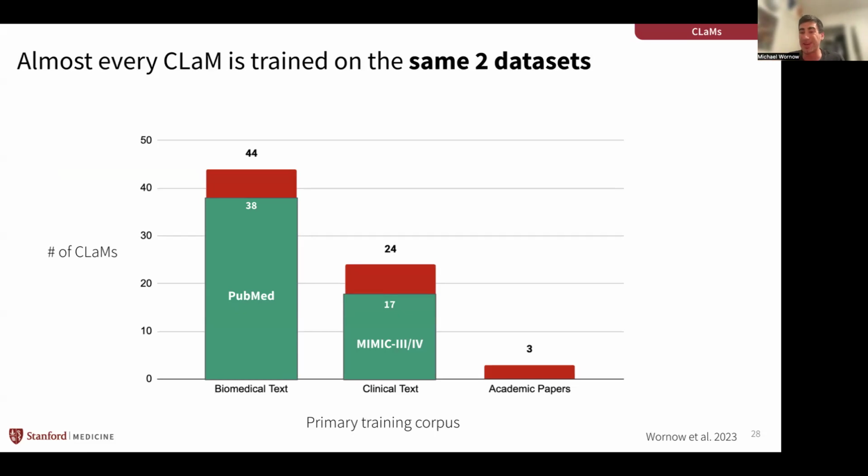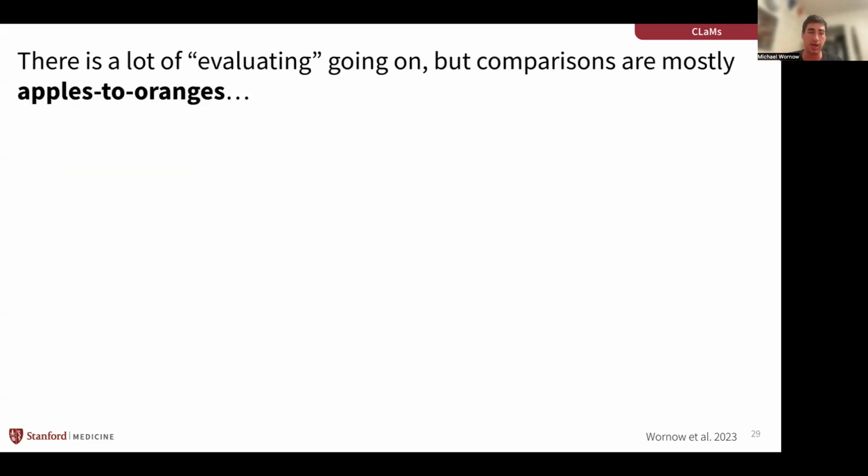So even though on the previous slide I showed you 50 different clinical language models, all with different names and features, if you really dig into it, there's not that much diversity in what's been put out there. Almost all of them recycle the same data, the same pipeline, et cetera. A model is basically an artifact of the data it's trained on. So there's a lot more similarity in the field than you might perceive just looking at the number of papers that are published.